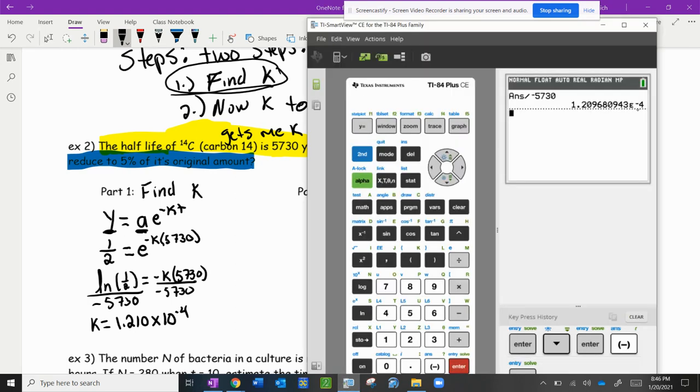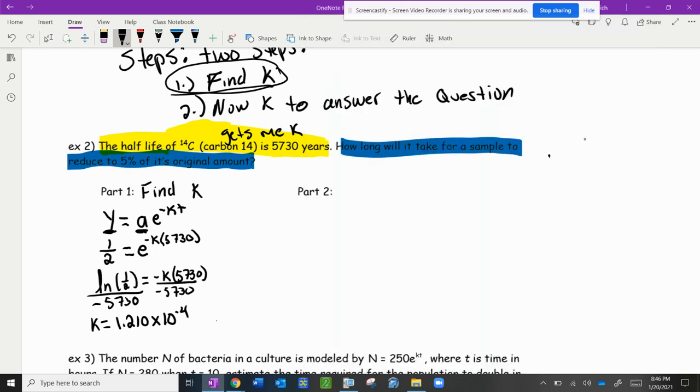That e to the negative 4 at the end means it just didn't have enough decimal places to put it as 0.000. It's going to write a small number. So we know it equals 0.0012. Let me see, did I have enough? Nope, I missed a 0. 3 zeros, right? So I move it right 4, 1, 2, 3, 4. I get back my answer.